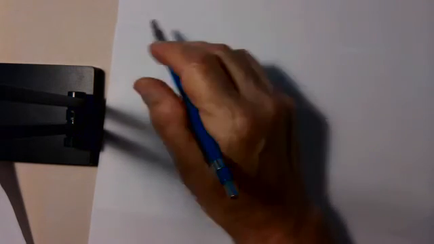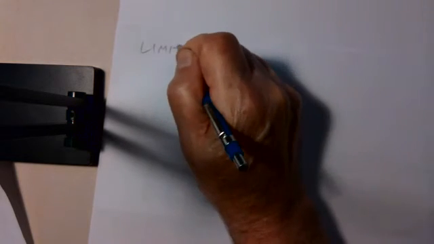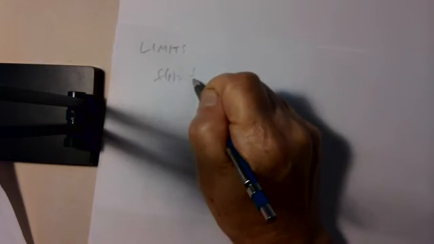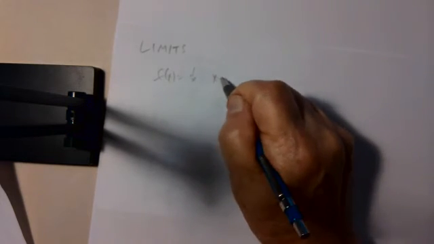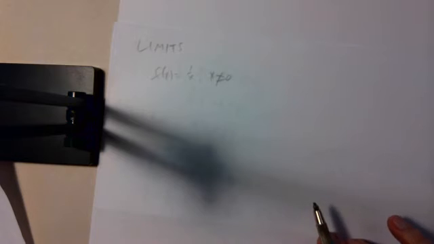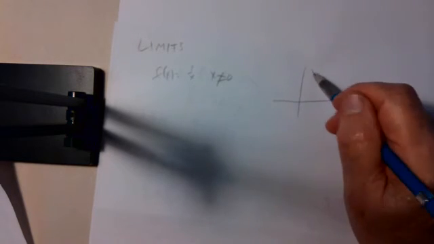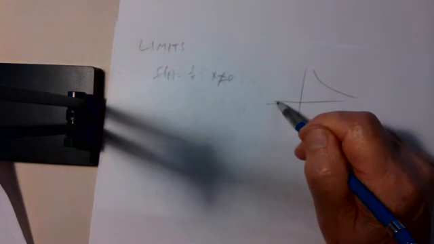Suppose we have a function like f of x equals 1 over x, which is defined for x different from 0. So the graph looks like this.